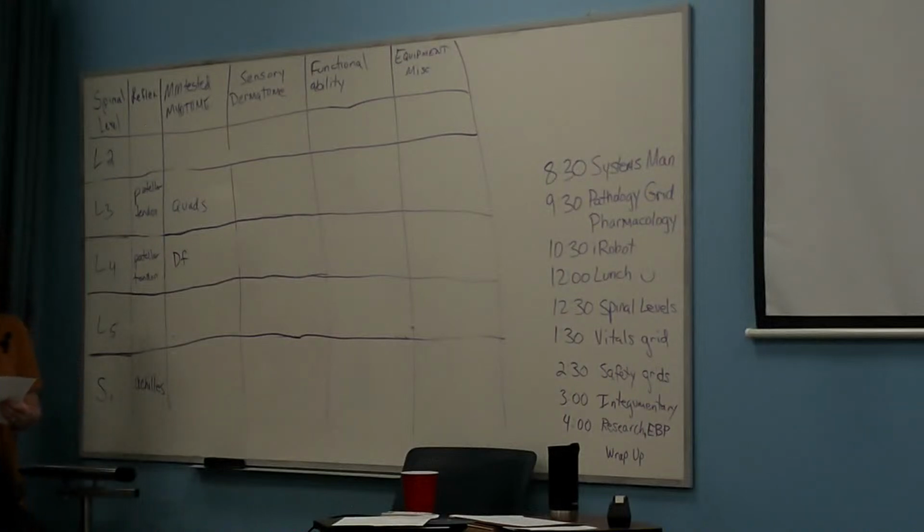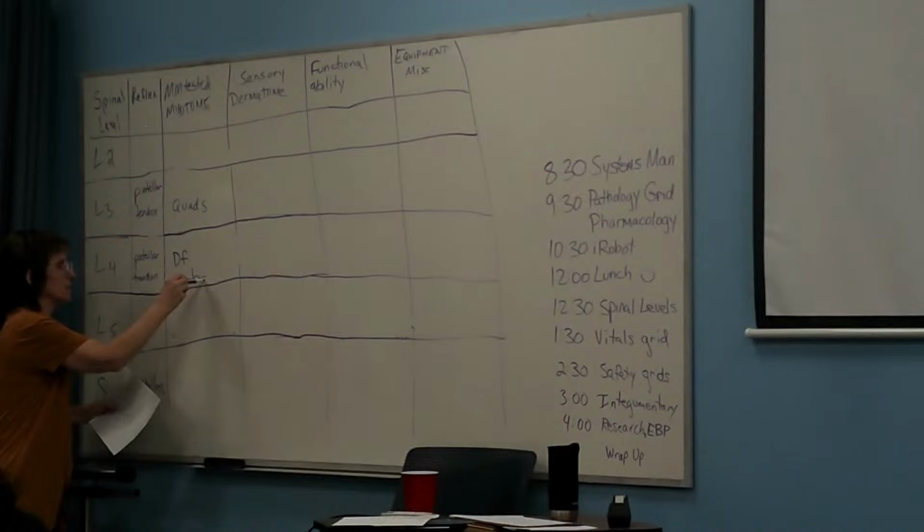Okay, yes, big toe extension is in there too, but dorsiflexion also has quite a few contributors to it. So they may do the big toe just to be specific and make sure that something isn't cheating for dorsiflexion. But if you're talking about muscle testing, it's going to be dorsiflexion, or let's include big toe extension.